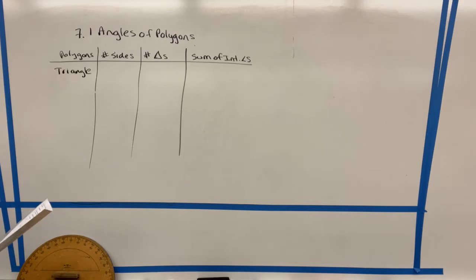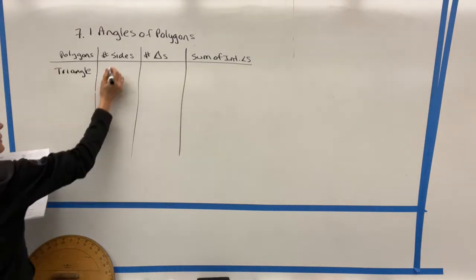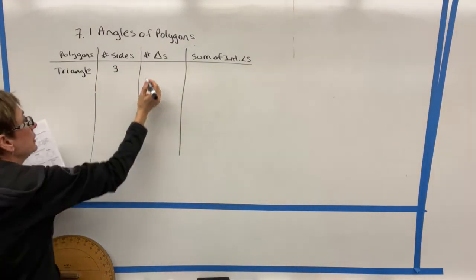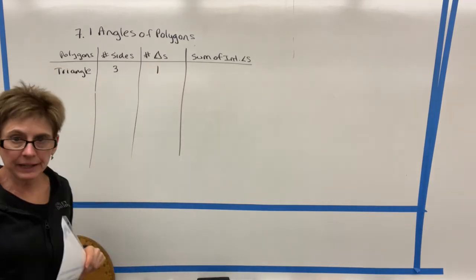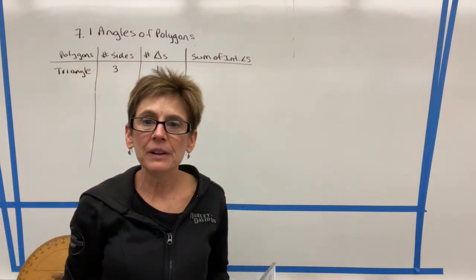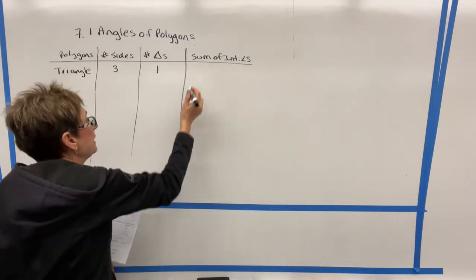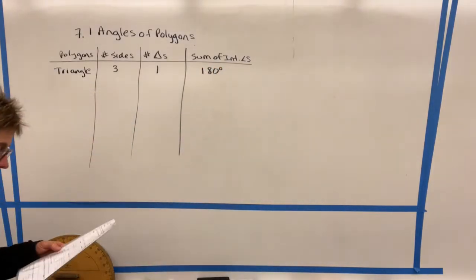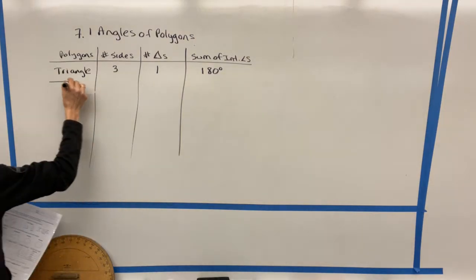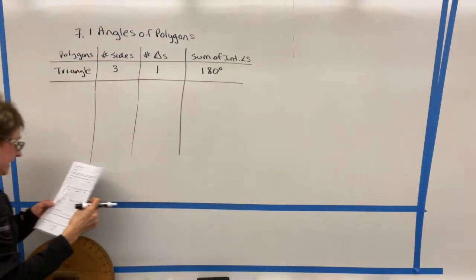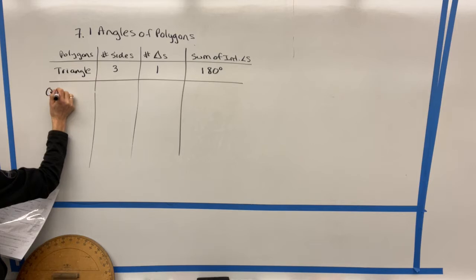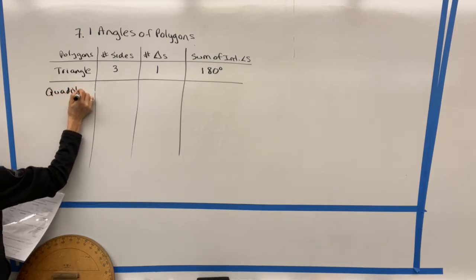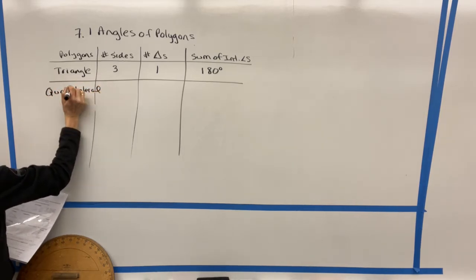Okay, so a triangle obviously has 3 sides and 1 triangle, and I hope that you remember from last quarter that a triangle has 180 degrees on the inside. So the sum of the interior angles would be 180. Okay, let's do the second row, with a quadrilateral.